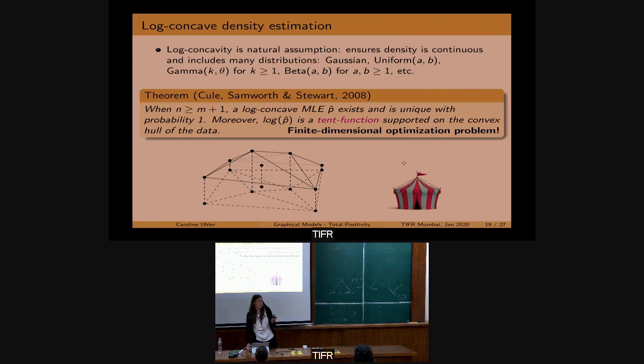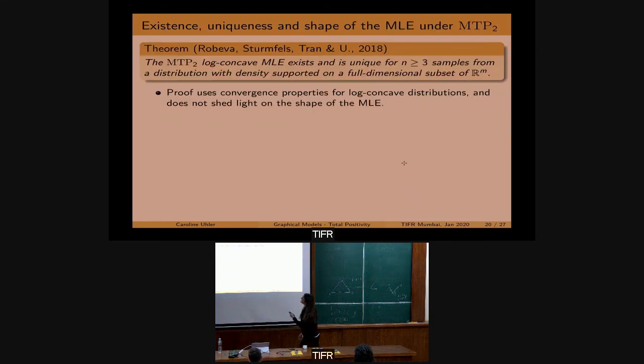Gaussian MTP2 is log concave. So if we do MTP2 and log concave, we just need 3. So this is not so much worse than Gaussian, at least from here. We went just from 2 to 3, and again, it doesn't depend on the ambient dimension of the problem. So with just 3 samples, the MLE actually exists.